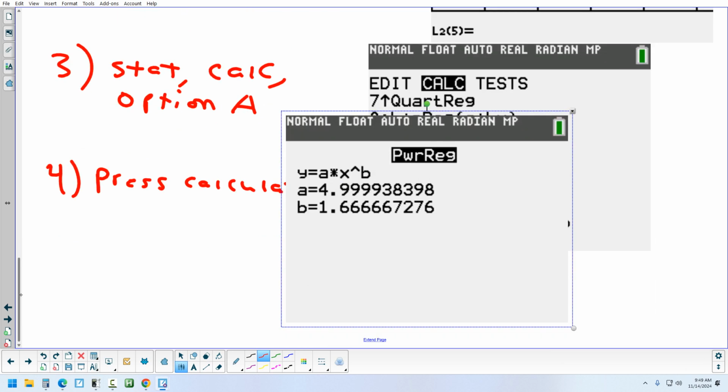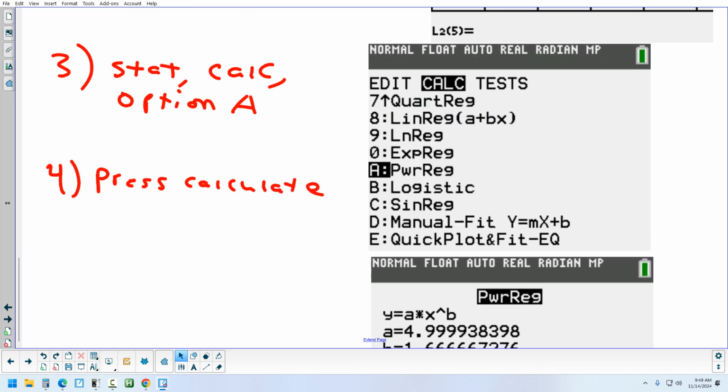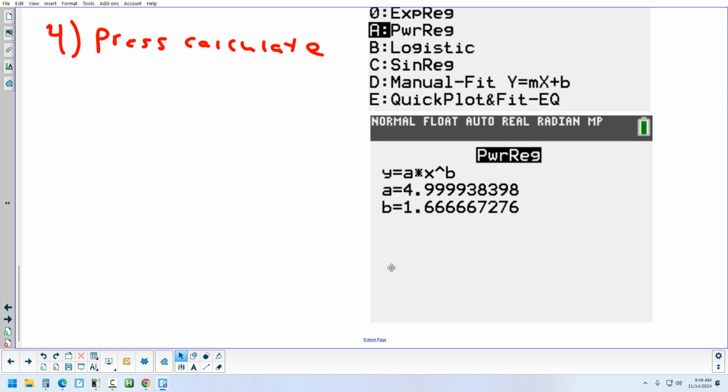So now let's interpret what they're giving us. They're giving us an equation that's in a power model template, and they're giving us two values. Now we want to round those values appropriately, because the calculator is just doing an estimate. Based on that estimate, what do you think A should be in this problem? Yep, 5. So it's 5 times x.